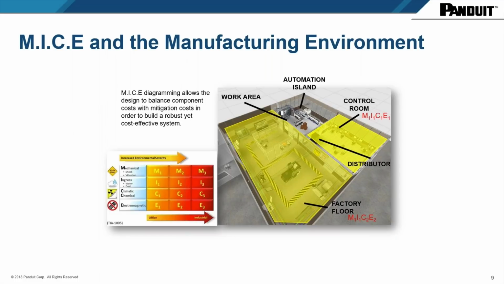This is a space that is not seeing a lot of environmental conditions. As you go down to the floor level of a given work area, you will start seeing more restrictions. So at the ceiling level, you could still be at a control room rated environment.